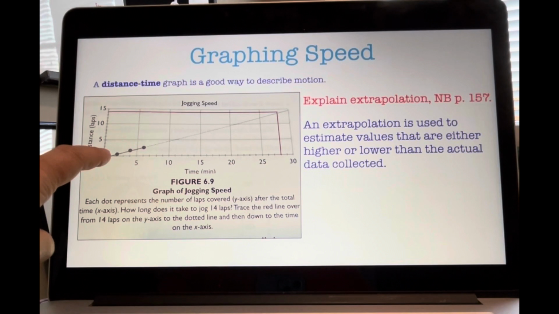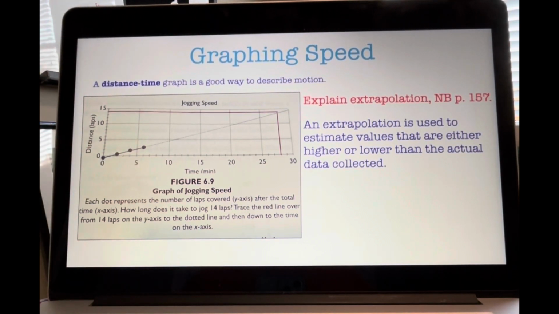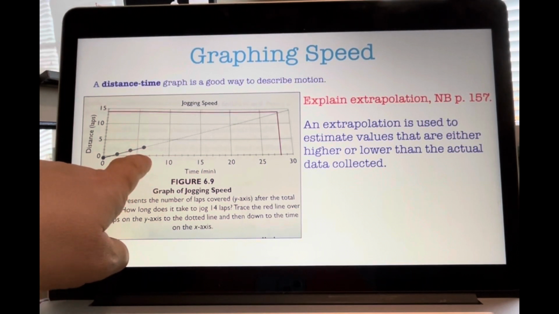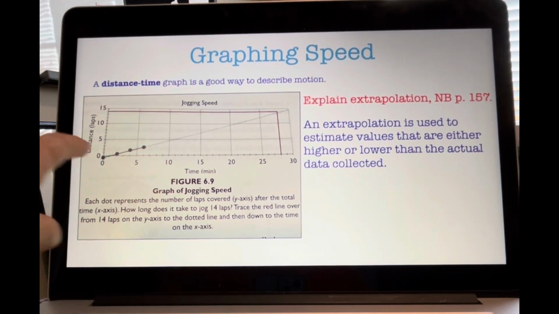So we go up to 2 laps, and then we go over, and it's at 4 minutes. Again, a point is placed 2 minutes later at 3 laps. So you can see on the graph that after a total time of 6 minutes, 3 laps were jogged. So we have 6 minutes, and if we go up to the dot and then across, we can see that we were at 3 laps.